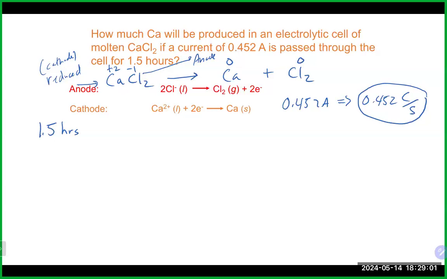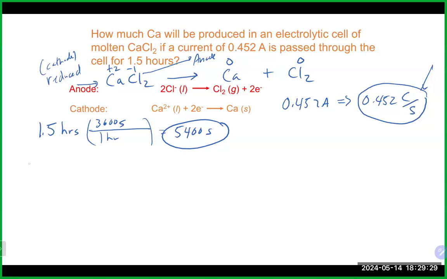Clearly I have seconds there, which means I need to convert my time into seconds. One hour is 3,600 seconds, so 1.5 times 3,600 gives us 5,400 seconds. Now we have our time and our amperage in the right units, and we're just going to multiply those two together.